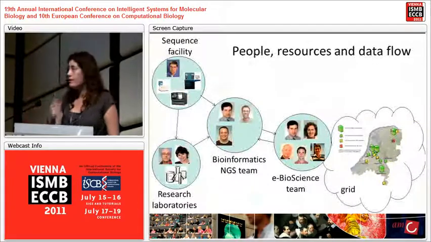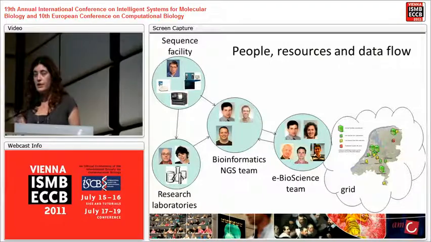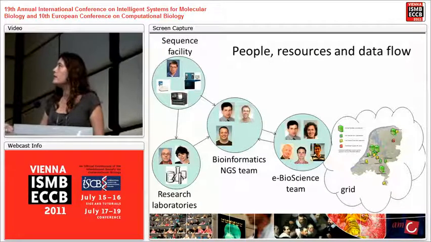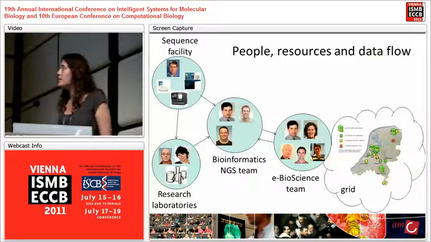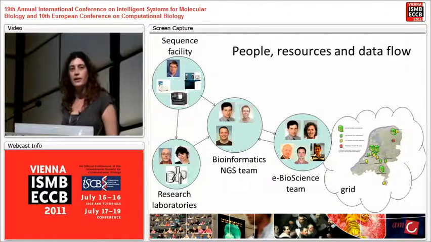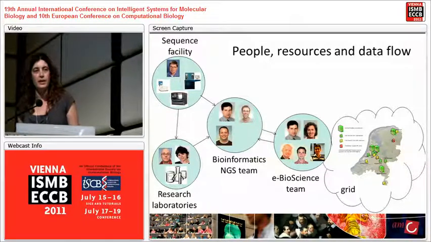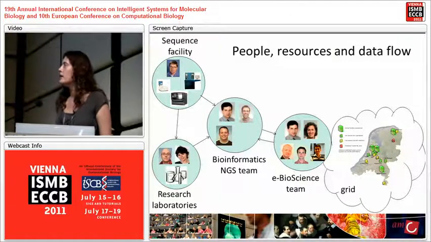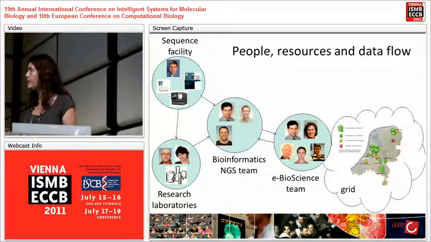So back to our institute. It's organized like this. For next generation sequencing, we have a central sequencing facility with at the moment a Roche 454 and a SOLiD machine. And last week a new SOLiD machine was installed. There's a central bioinformatics group who deals with this next generation sequencing data, and there are many research laboratories that want to do their experiments.